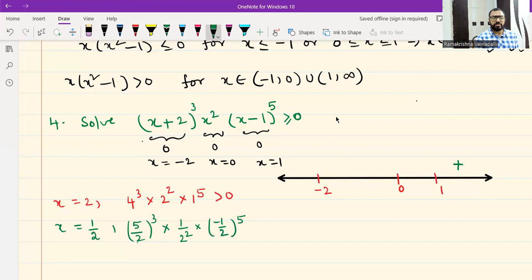So the first one is positive, the second one is positive, the third one is negative. So this expression is negative. If you take any number between 0 and 1, it becomes negative.